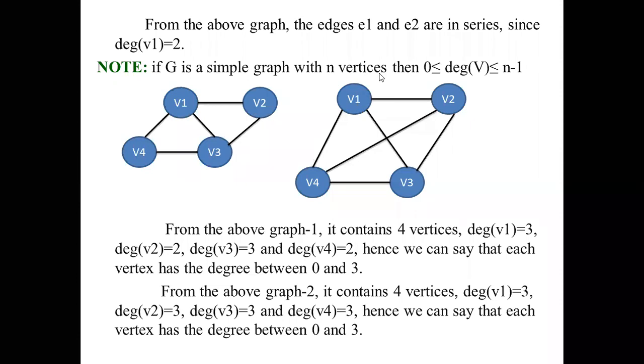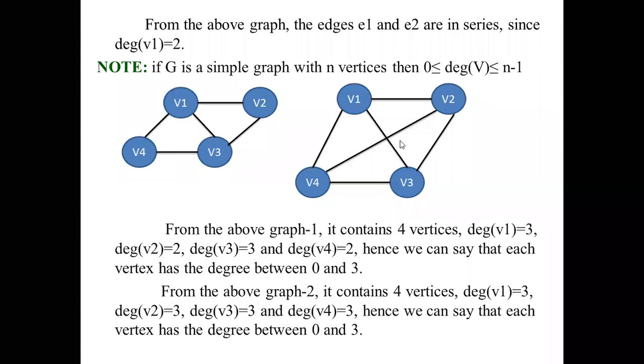So the degree of vertices is between 0 and n minus 1. Suppose we have 6 vertices, then the degree of each vertex is between 0 and 5.